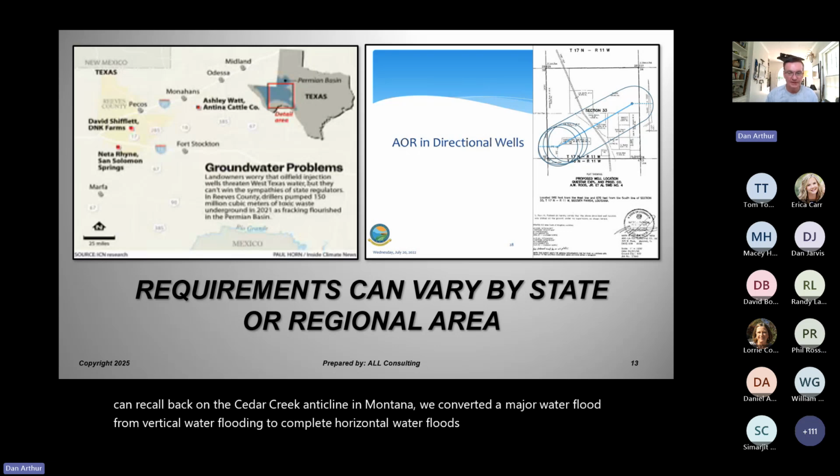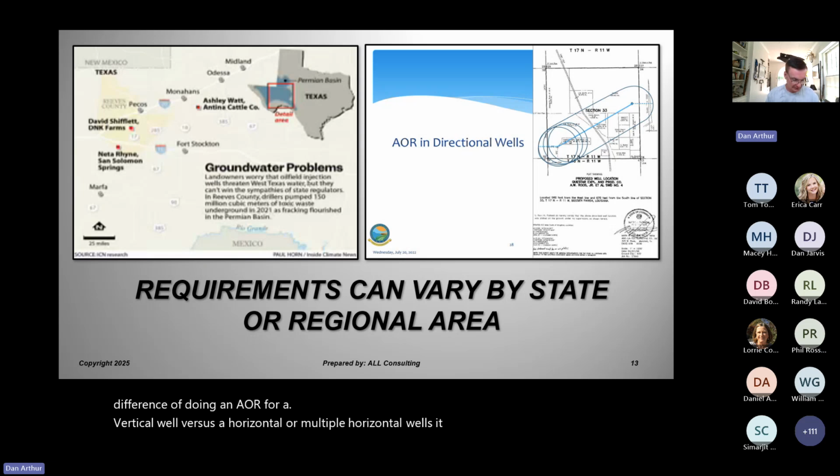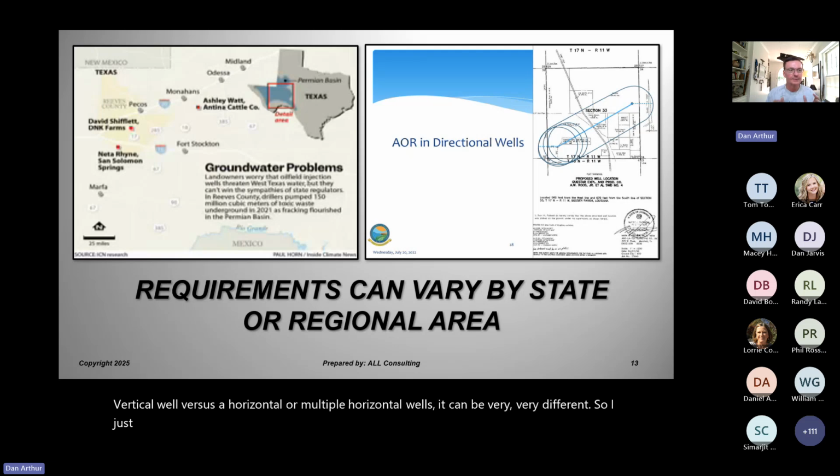So when you look at the difference of doing an AOR for a vertical well versus a horizontal well, or multiple horizontal wells, it can be very, very different. So I would just say, make sure that you understand this.